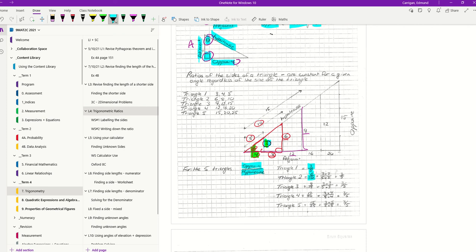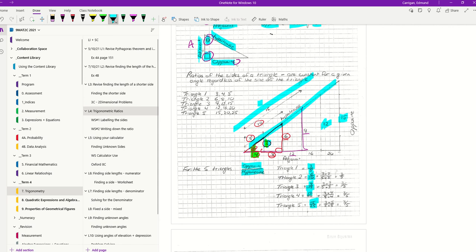Next one, my facing one is 9, my hypotenuse is 15. Going further, my facing is 12, my hypotenuse is up here at 20, which I didn't write on there, a little bit slack. And then my last one, 15, and the hypotenuse is all this way here, 25.